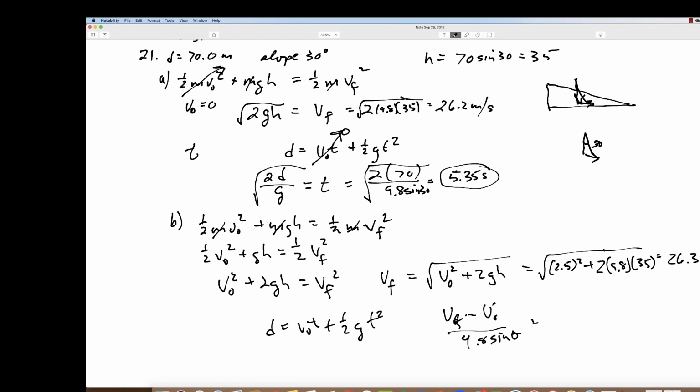That's the velocity increase divided by the acceleration, which is going to equal the time. So t is going to equal 26.3 minus 2.5 over 9.8 sine 30 degrees. If you do the math here, you get 4.86 seconds.